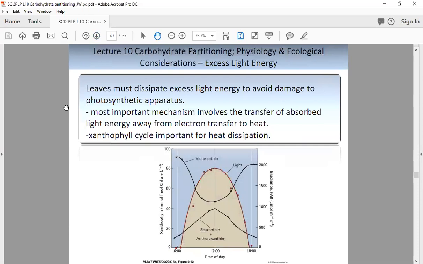There are several routes for energy dissipation, but the most important mechanism is thought to involve the transfer of absorbed light energy away from electron transfer towards heat production. This involves what's called the xanthophyll cycle, which is not very well understood, and I certainly don't know very much about it.